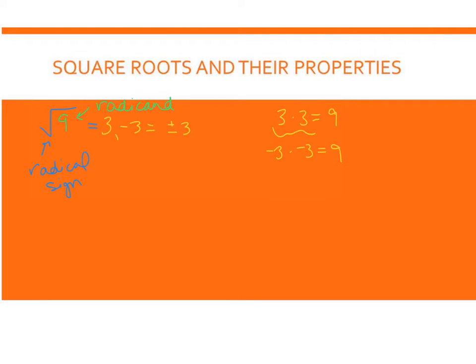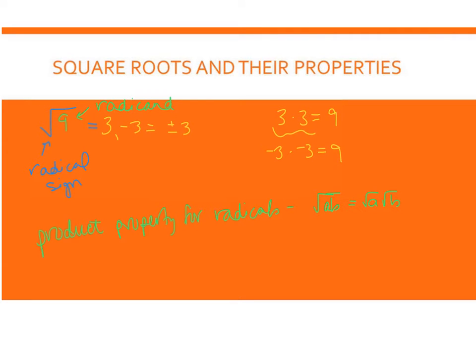So we have the product property for radicals. And it is the square root of a product equals the product of the individual square roots.